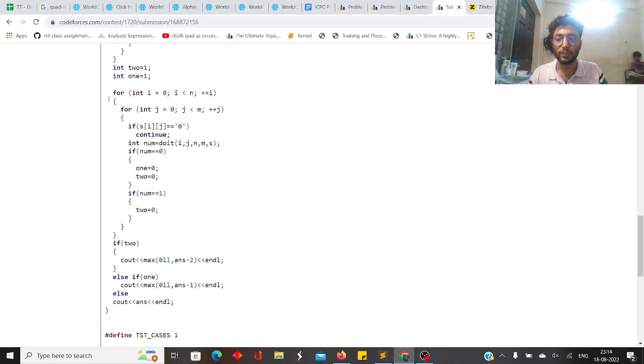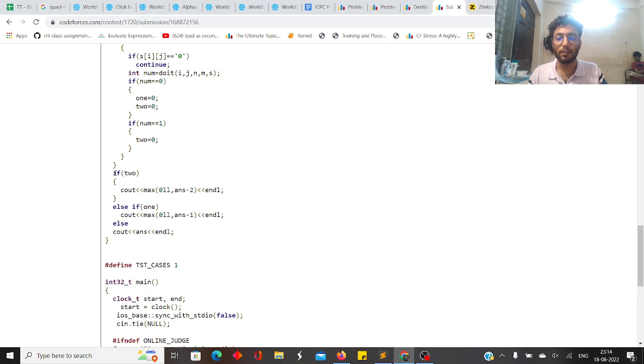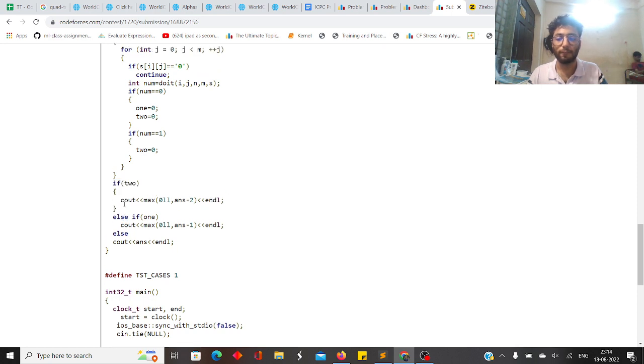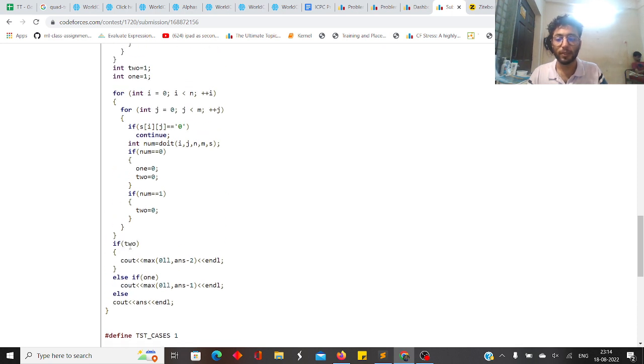Now I do this for all the elements that are 1 initially, and I check if my flag 2 variable is on. If the flag 2 variable is still on, then I need to invest answer minus 2 number of moves.